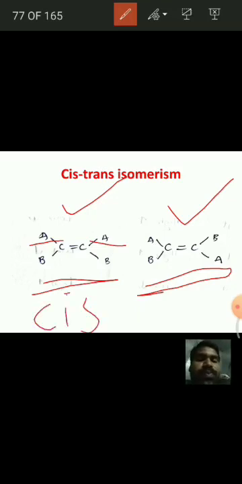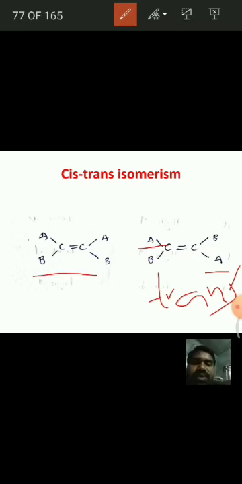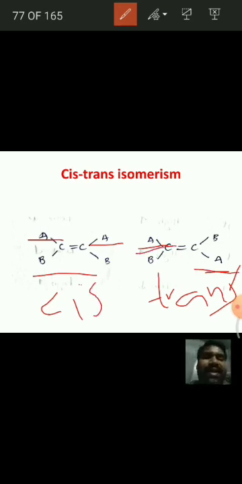If the same groups are on opposite sides, then it is said to be trans isomer. Same group, same side, hence it is cis isomer. Same group, opposite side, it is said to be trans isomer.